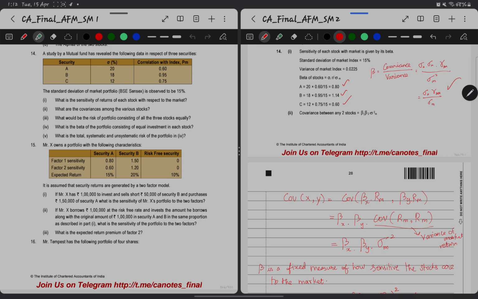The second requirement is what are the covariances among the various stocks. So we need to find out the covariance of each stock with the other stock.